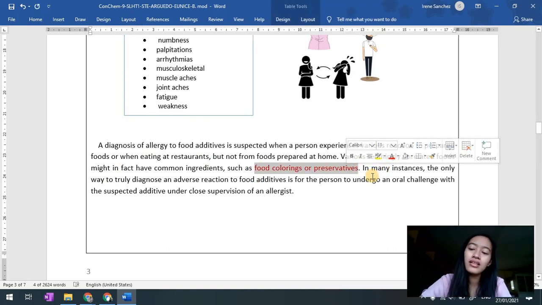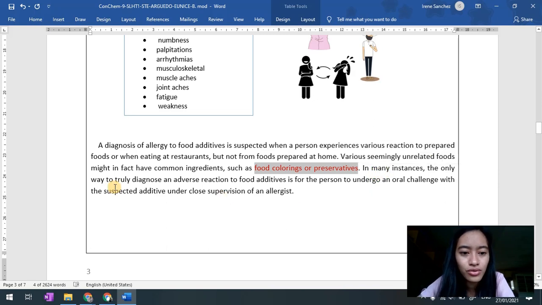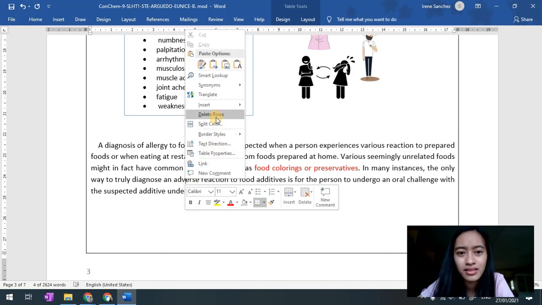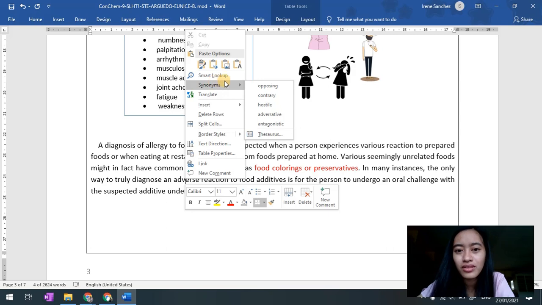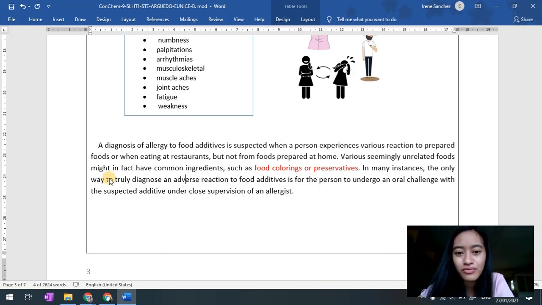And in many instances, the only way to truly diagnose an adverse reaction to food, adverse means it's not good, hostile, a bad reaction to food additives, is for the person to undergo an oral challenge with the suspected additive under close supervision of an allergist.